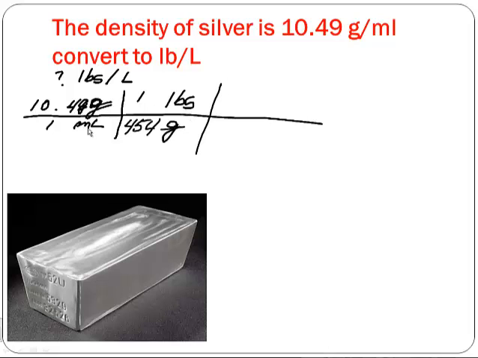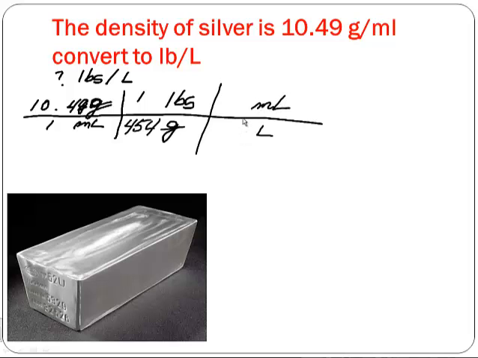I have pounds per milliliters, so I must change milliliters to liters. So I'm going to have milliliters here and liters here. And what's the conversion between liters and milliliters?